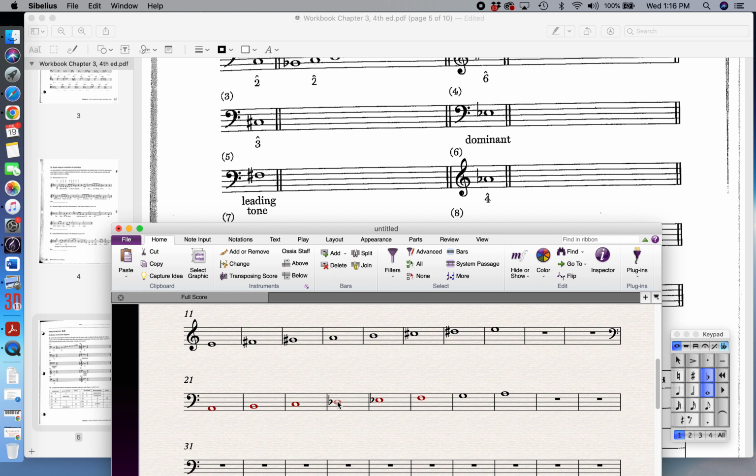Okay, now whole step, half step. What's half step from D flat down? It's going to be C. And then I need a whole step from C down to B flat. B flat, I need a whole step down from there, which is going to be A flat. Okay, continuing from there, I've now found my starting note, A flat.